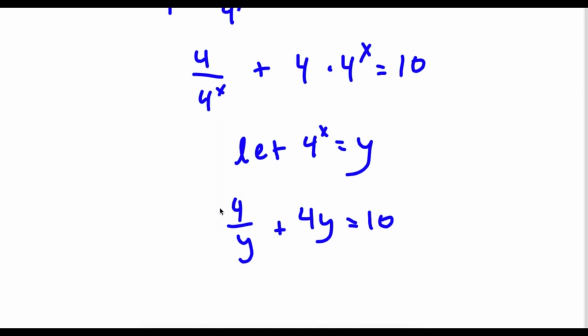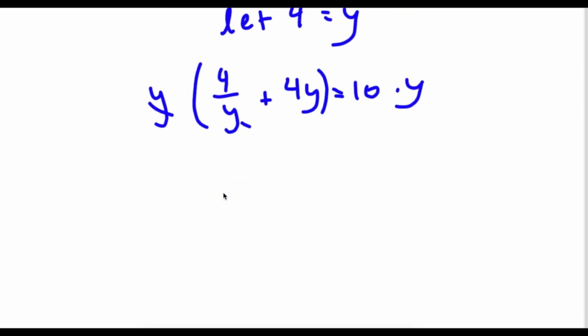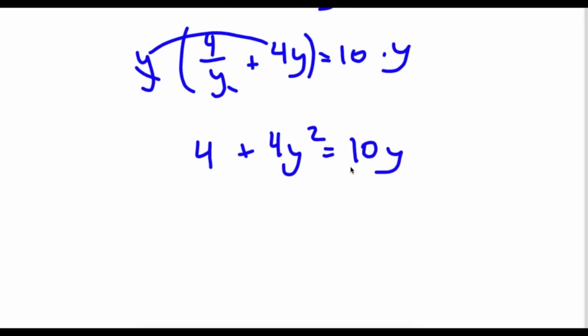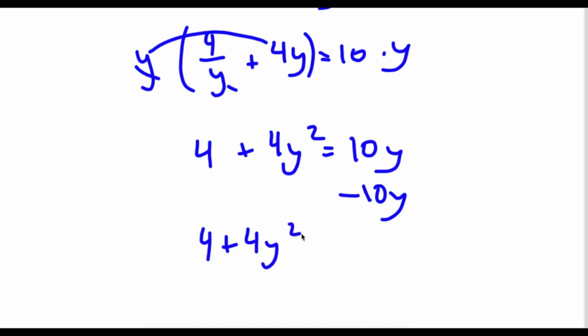Now, if I multiply both sides by y, these two cancel out, so I'll be left with 4 plus 4 times 4y times y is 4y squared is equal to 10 times y is 10y. Now, I can go ahead and subtract 10y on both sides, so I get 4 plus 4y squared minus 10y is equal to 0.